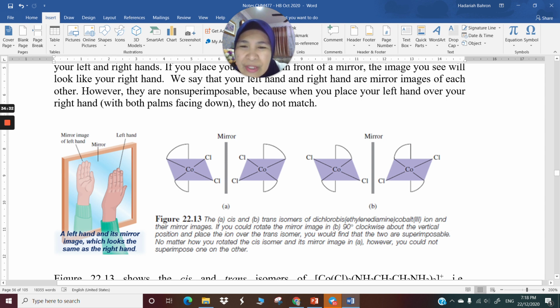When you put a mirror between them, you are going to have this molecule. So A is the cis and B is the trans isomer of dichlorobis(ethylenediamine)cobalt(III) ion, and these are their mirror images.